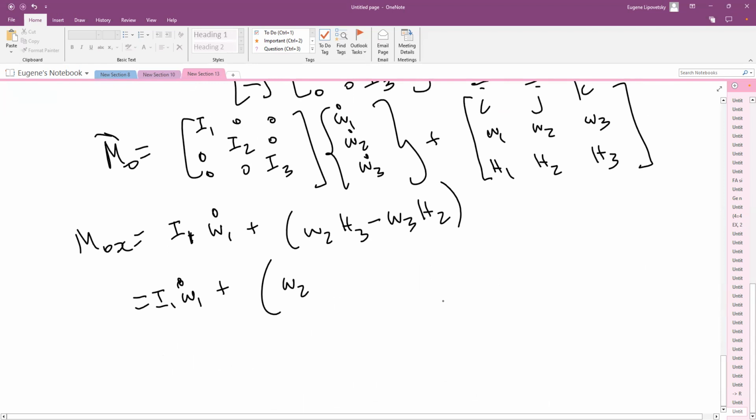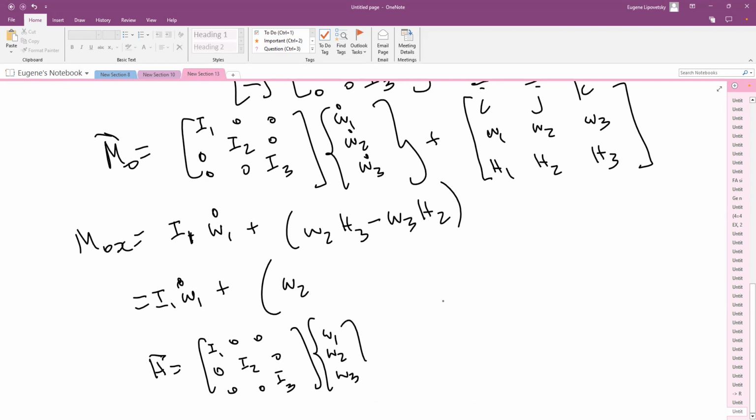The H vector equals I1, I2, I3 times omega 1, omega 2, omega 3, and that will give I1 omega 1, I2 omega 2, and I3 omega 3.